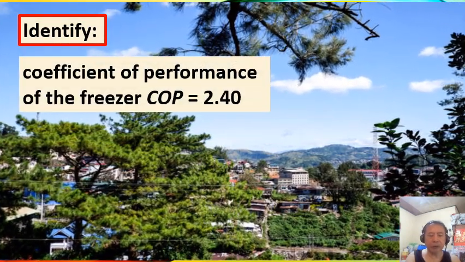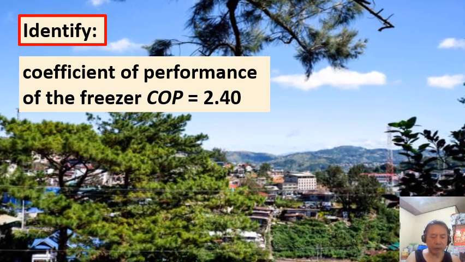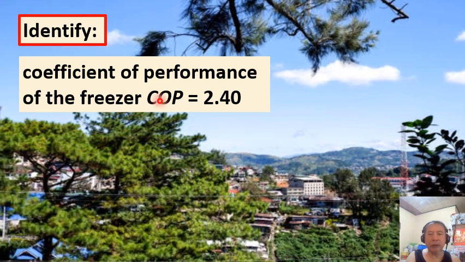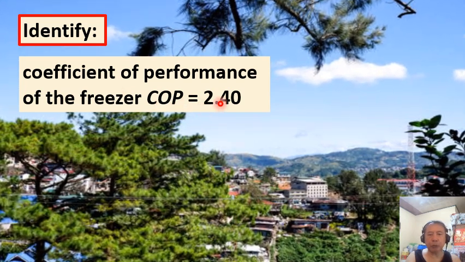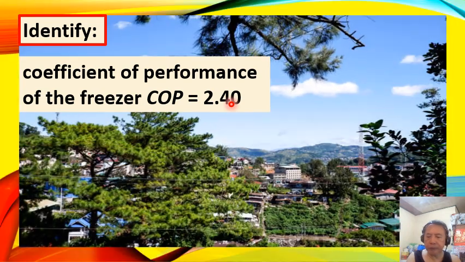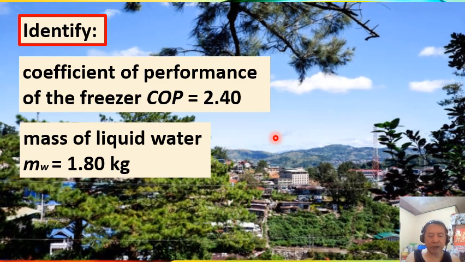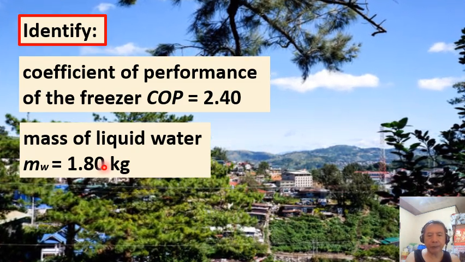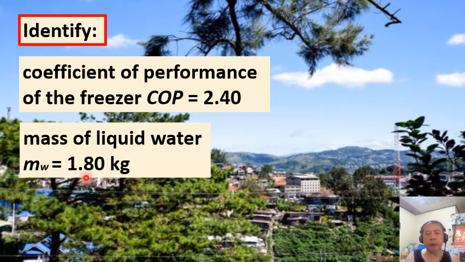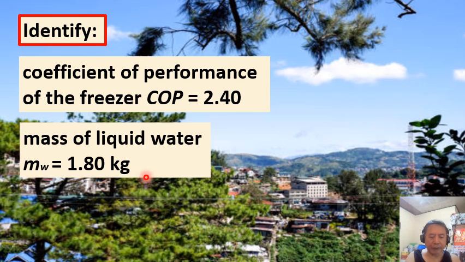First things first, we are given the following data and information. The coefficient of performance of the electric freezer, or COP, is equal to 2.40. We consider a mass of liquid water, denoted by m sub W equal to 1.80 kilograms, as the thermodynamic system.